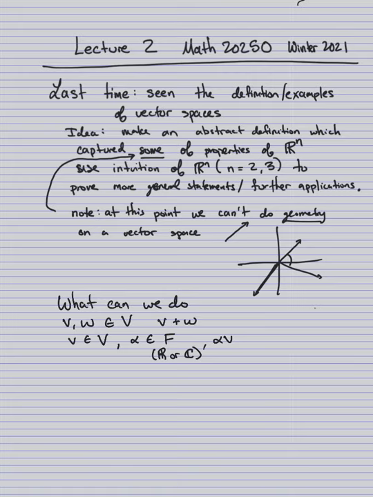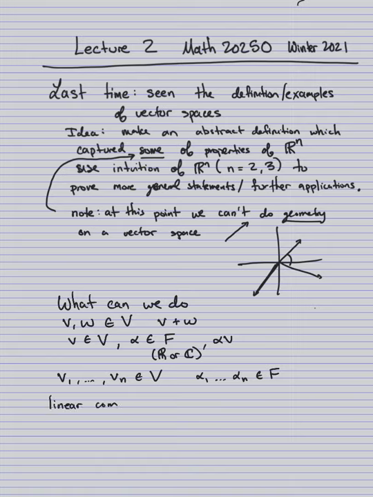So the general thing that I can do is take a collection of n vectors and n scalars, so n elements of my field, and form a linear combination.